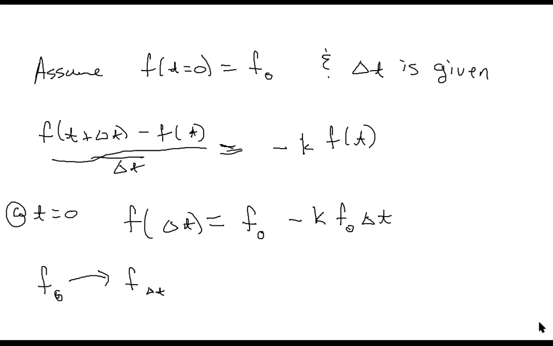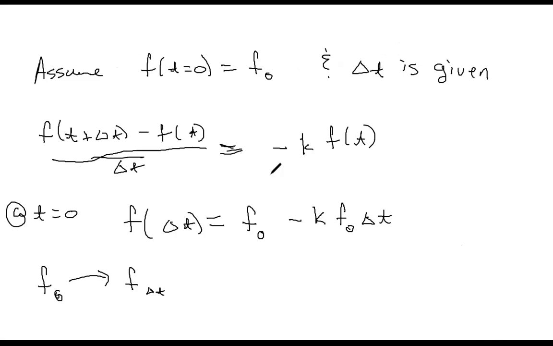Okay, let's go again. So now if f of delta t is known, and remember, delta t is known, then I can apply this same formula again and rearrange it.